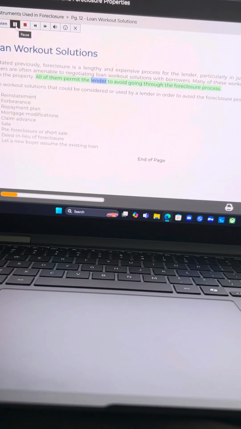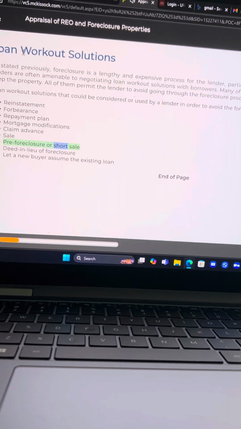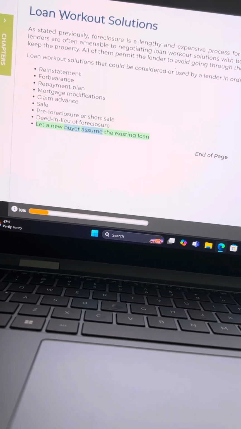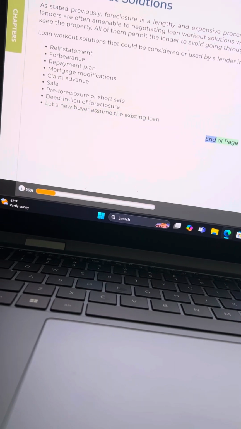All of them permit the lender to avoid going through the foreclosure process. Loan workout solutions that could be used by a lender to avoid the foreclosure process include reinstatement, forbearance, repayment plan, mortgage modifications, claim advance, sale, pre-foreclosure or short sale, deed in lieu of foreclosure, and letting a new buyer assume the existing loan. End of page.